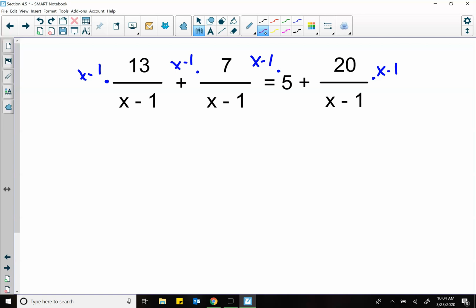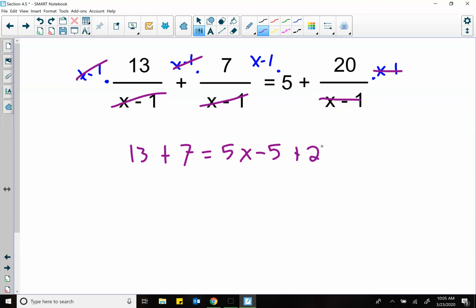So seeing what we have left, these x minus 1s cancel. That gives us 13. Plus, these x minus 1s cancel. That gives you 7. Well, the 5's got to get multiplied through the x minus 1. So that will give you 5x minus 5. Okay? And then these x minus 1s cancel, which will give us plus 20. Okay?